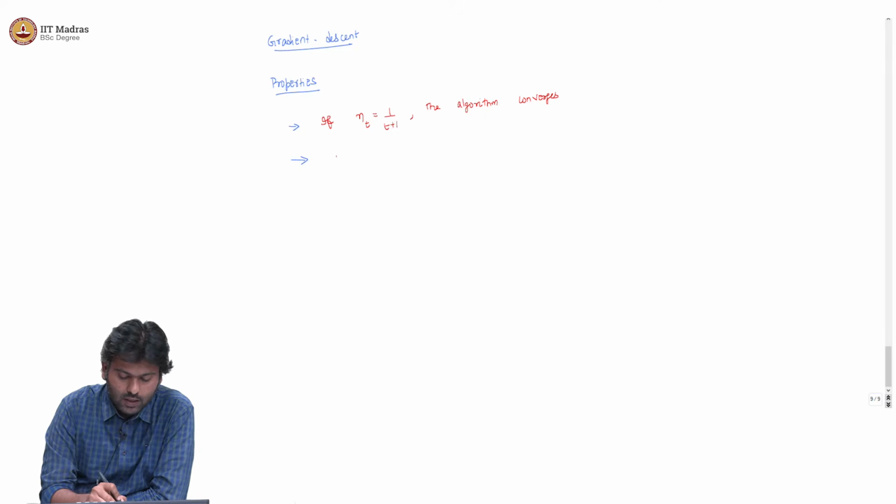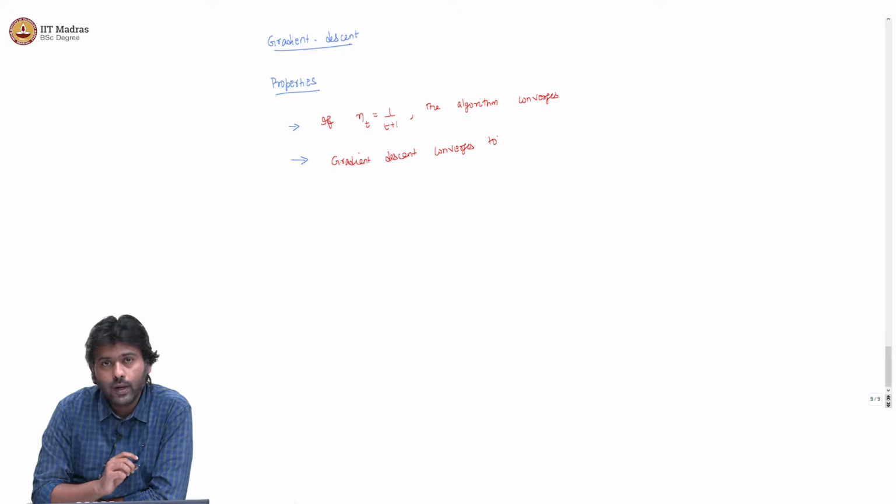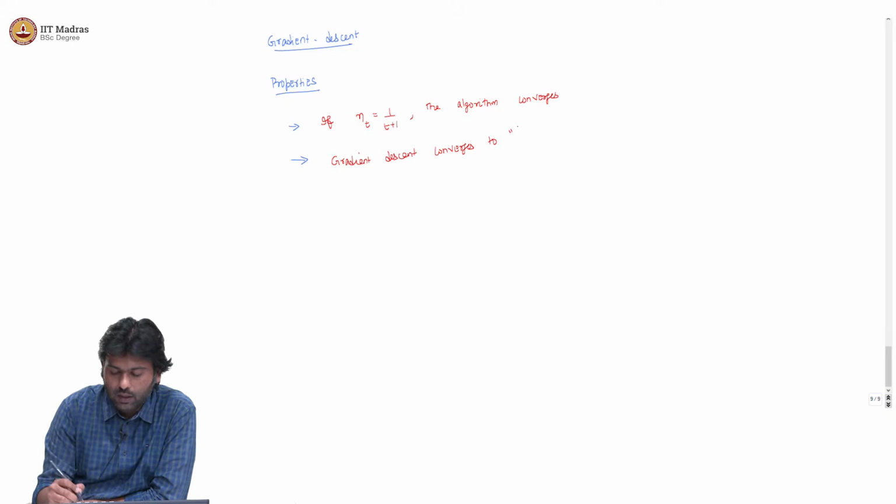So, the algorithm gradient descent, and this is a very important caveat, converges to what? To what point does this algorithm converge? It converges to what we will call a local minimum.